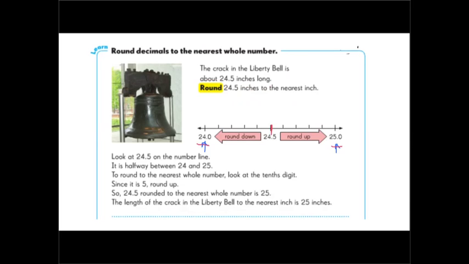Let's remember the rule where anything that's greater than or equal to 5, we round up, and anything that is smaller than 5, we round down. So in this example, we're looking at 24.5, so that means it's equal to 5. We're going to round up to the nearest 25. So when we round 24 and 5/10 of an inch to the nearest inch, we round up to 25 inches.